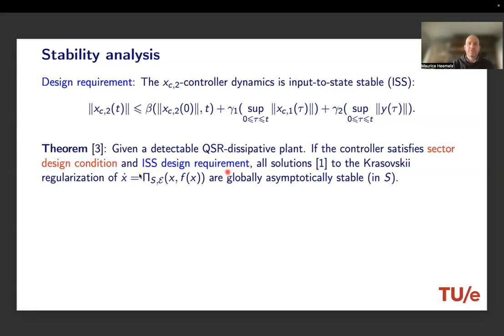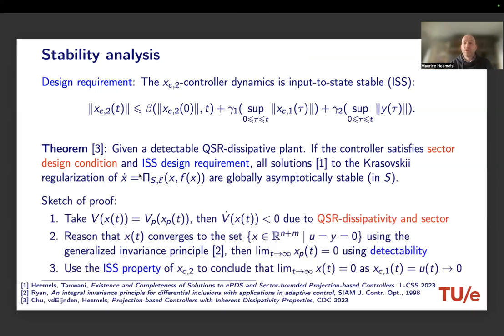Because of time, I'm not going to dwell too long on this. But if you do this design properly and the plant is detectable, we have global asymptotic stability of all solutions of the closed loop system. Right? Just by clever projection. Dummy controller dynamics, but just putting the right sector around this controller will do the job.